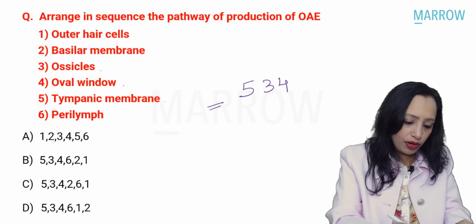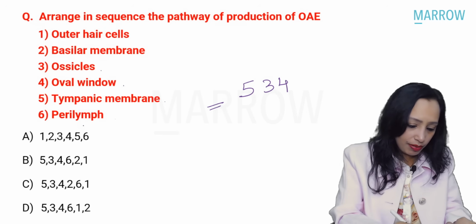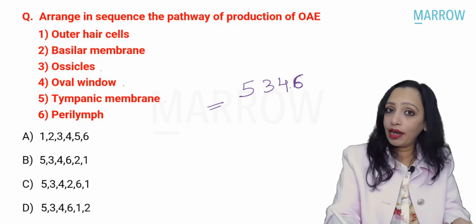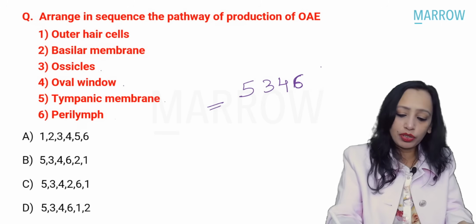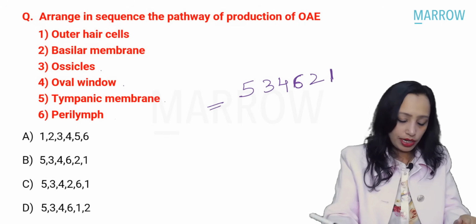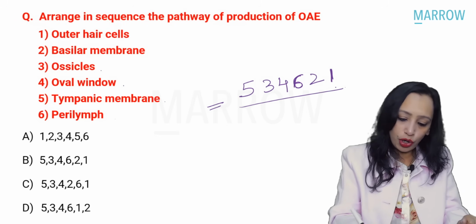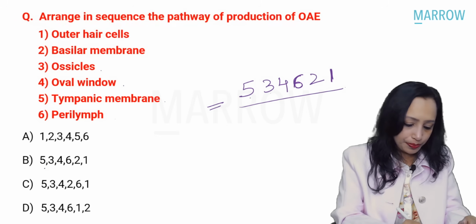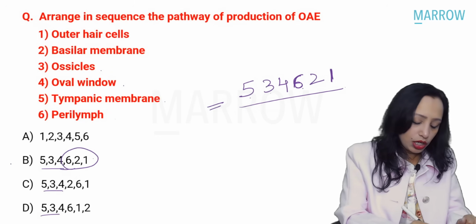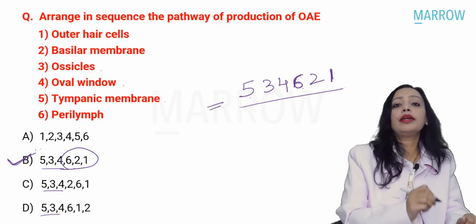And then from the oval window, it goes into the inner ear, into the perilymph. That will lead to movement of the basilar membrane. So then will come 2, basilar membrane, and then the outer hair cells. So let us see if we have this combination anywhere in the choices. 5, 3, 4, then 6, 2, 1. Yes, so this is the answer. The answer here is B.